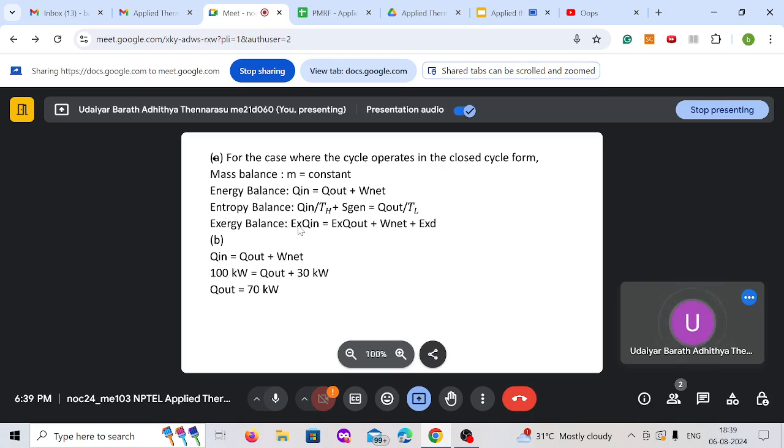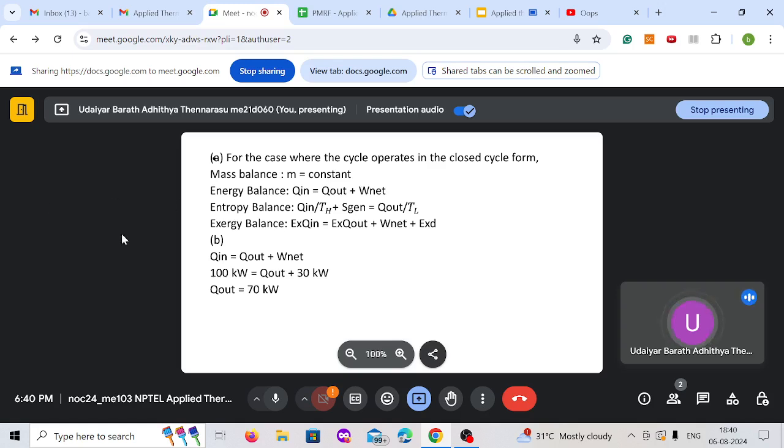So exergy because of Q in is Q in into 1 minus T naught by Th, and exergy because of Q out is Q out into 1 minus T naught by TL. T naught is your ambient temperature, then W net is what you are getting, and the exergy destroyed is T naught into S gen.